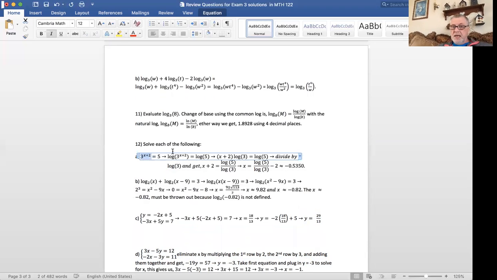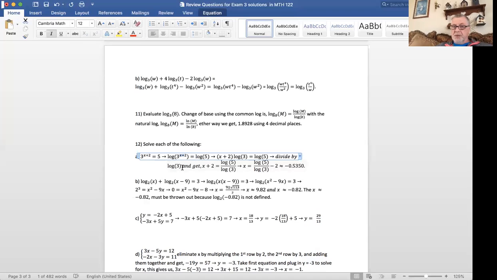Now, if this was an e, I'd natural log. Otherwise, I'm just going to log. When I take the log, whether it's a natural log or common log or whatever log base, it means that if there's an exponent inside the log, this x plus 2, I can bring it down front and write it as the quantity x plus 2 times log 3 equals log 5.